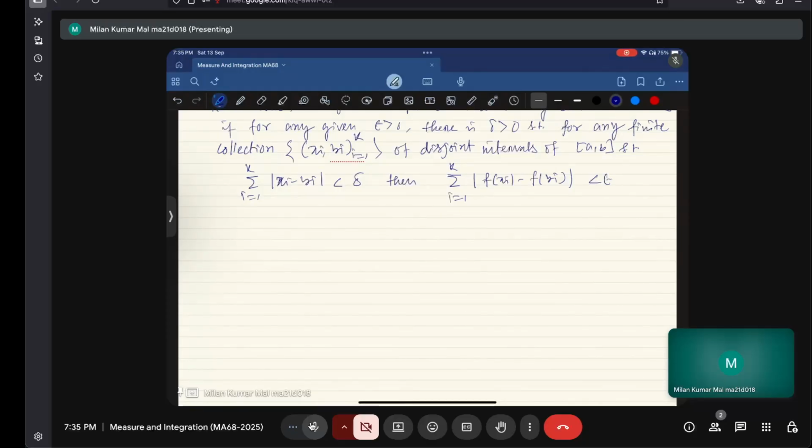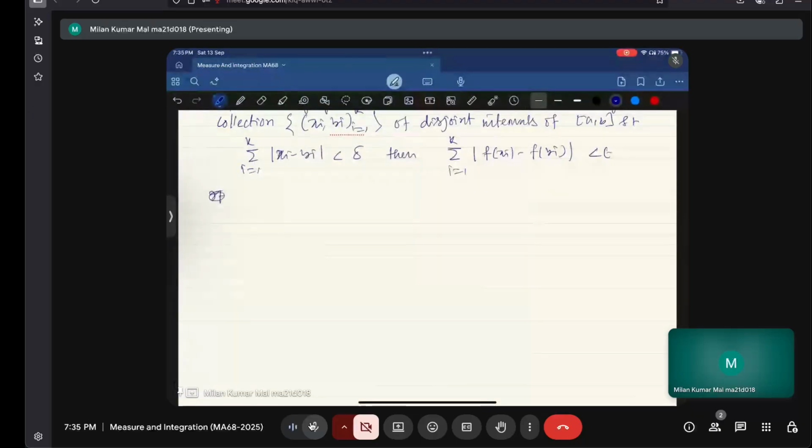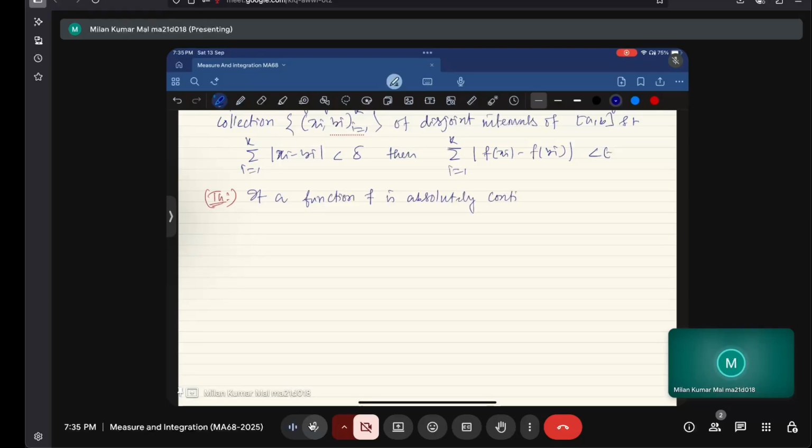The theorem: if function f is absolutely continuous on the closed interval a b, then f is of bounded variation on a b.